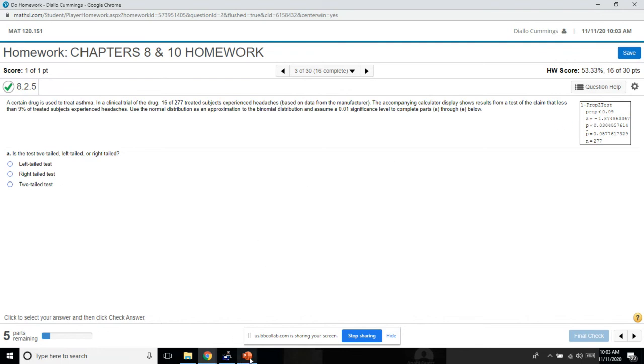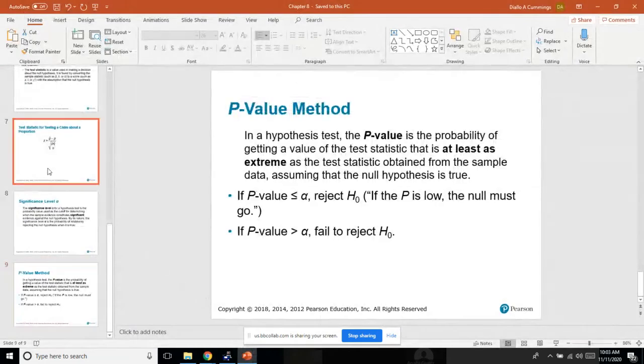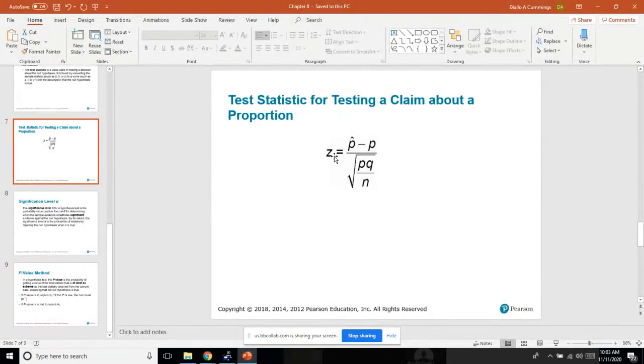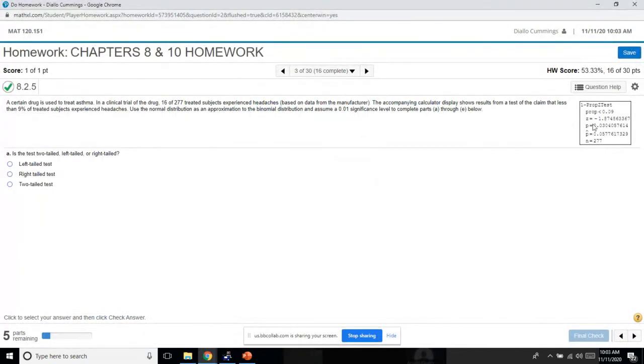If I go back to our slides, this is how you would manually calculate the z-test statistic. But notice that statistic has already been calculated as negative 1.87. We're given a p-value.